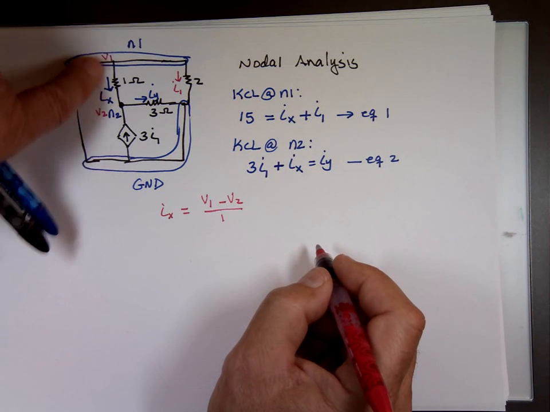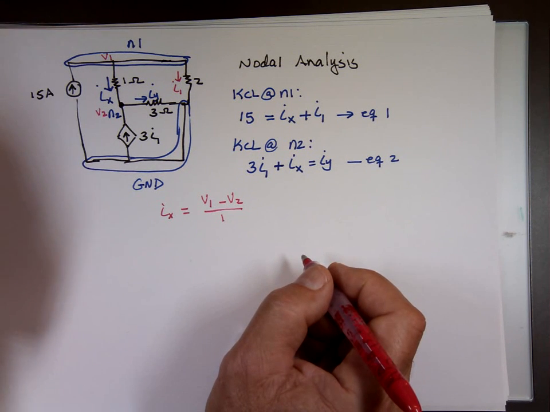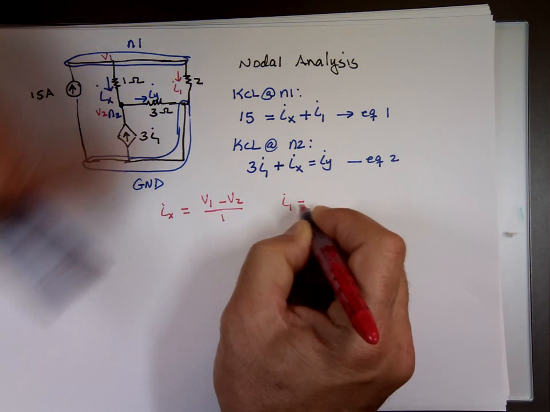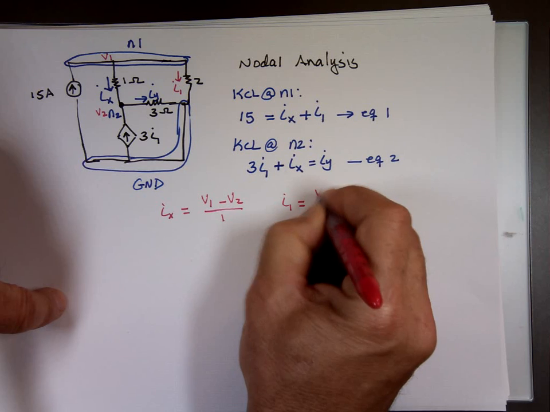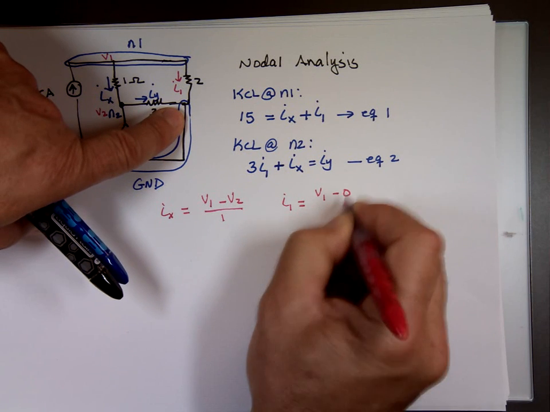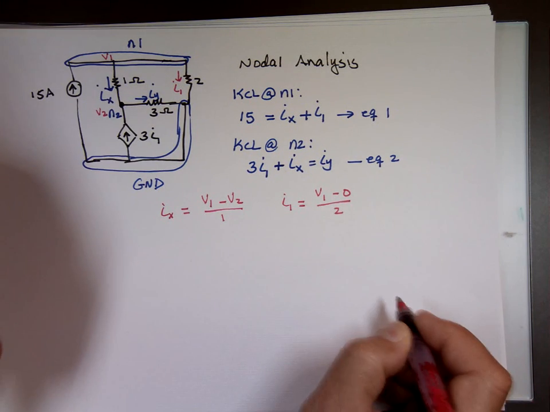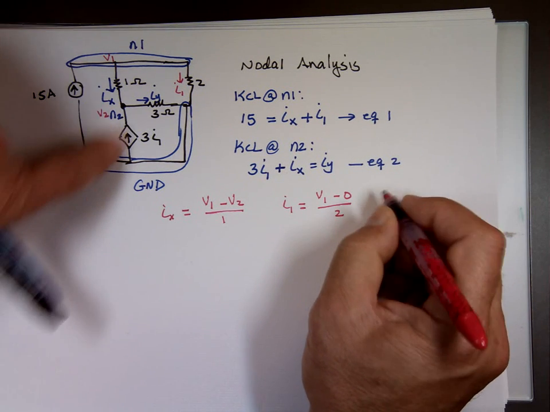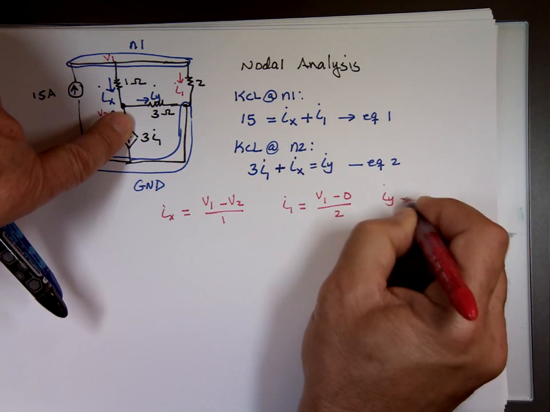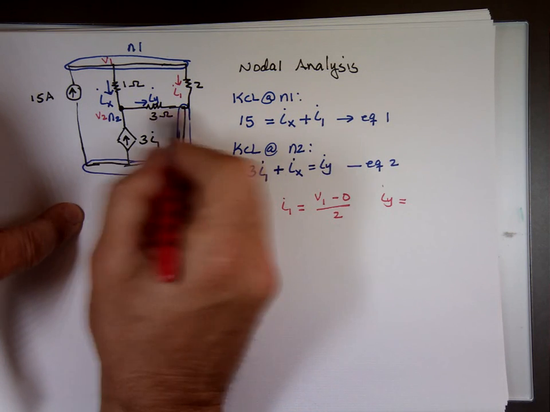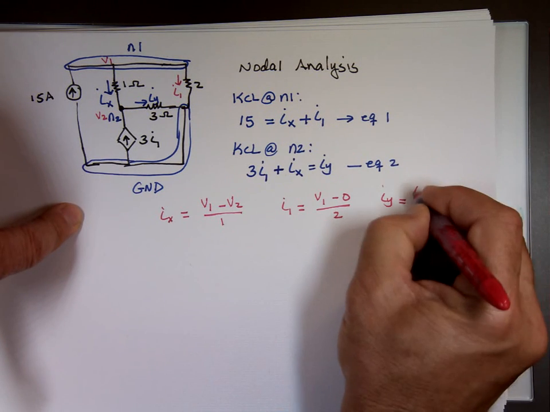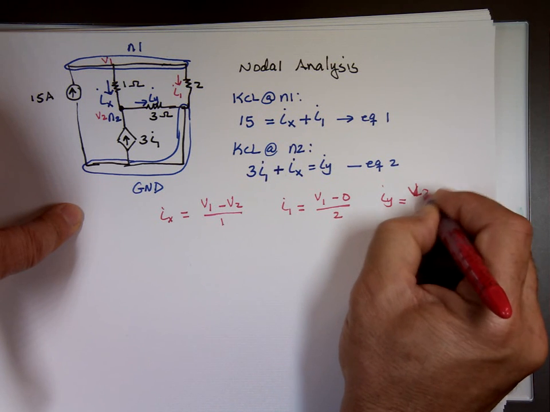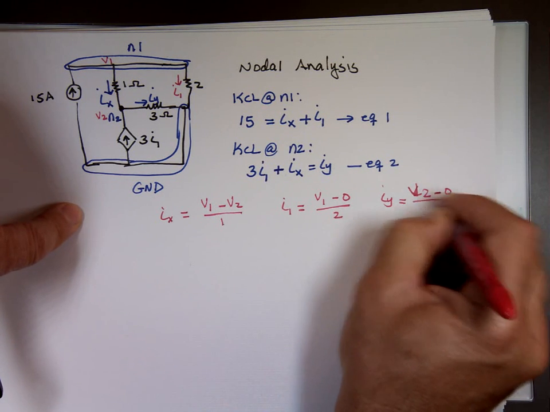Ohm's law, I equals V over R. I sub 1 is going to be this voltage, V1, minus this voltage, which is ground, divided by 2. And I sub y, I define it going this way. It's this voltage minus that voltage divided by 3. What's that voltage? V2 minus 0 divided by 3.